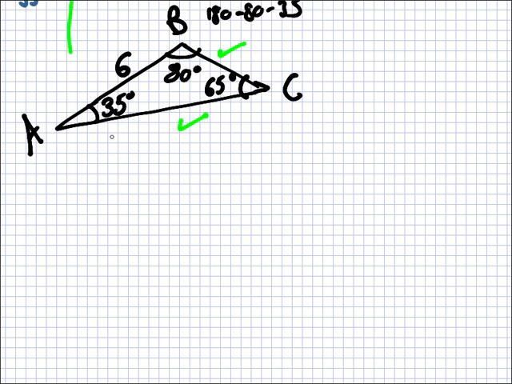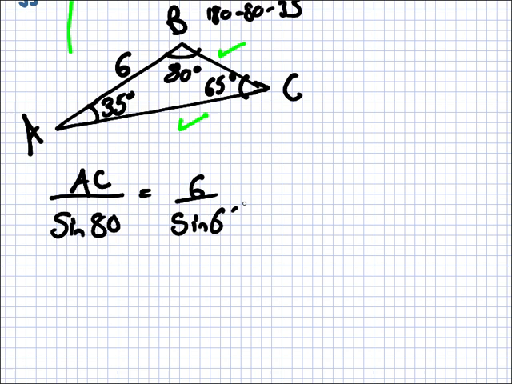So, Abir, which would you do first, AC? You said AC over sine 80 equals 6 over sine 65. You bring the sine 80 up to the right, and you get your answer. What answer was that? 6.52.